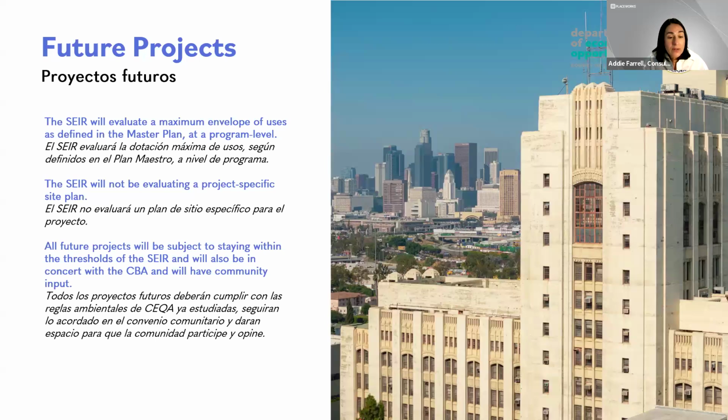And all of those future projects will be subject to staying within the thresholds of the SEIR and will also be in concert with the community benefits agreement that Kristen mentioned, and separate future community input will be a part of those processes.